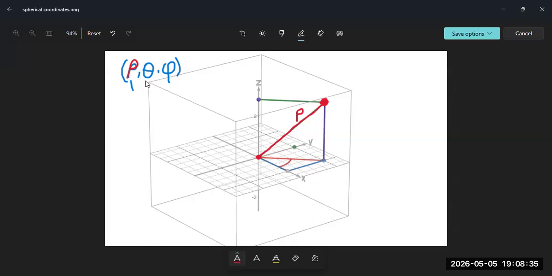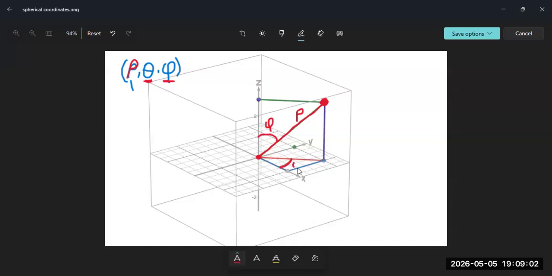And then theta and phi. Phi means the angle of that point with the z-axis. So this angle is called phi. And theta is basically the angle of that point to the positive x-axis.